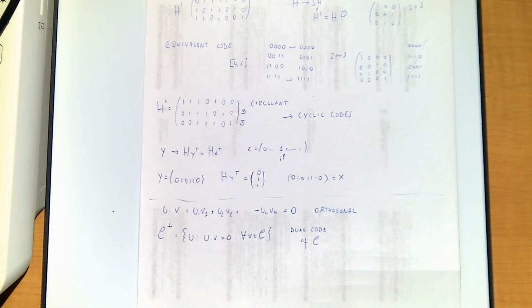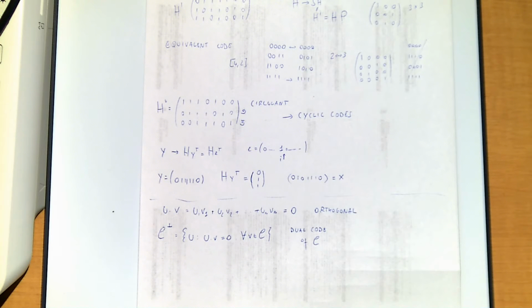And this is interesting. And why? So when you think about it, what is this code then? It consists of all the parity checks on C. Because remember that the words that satisfy that.